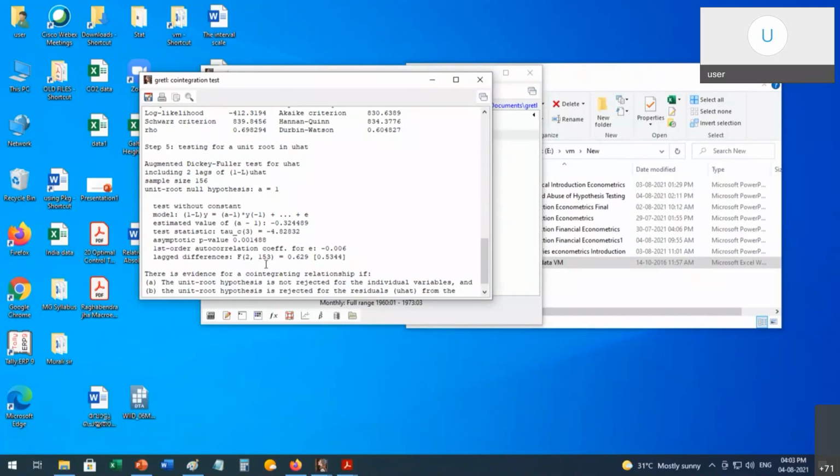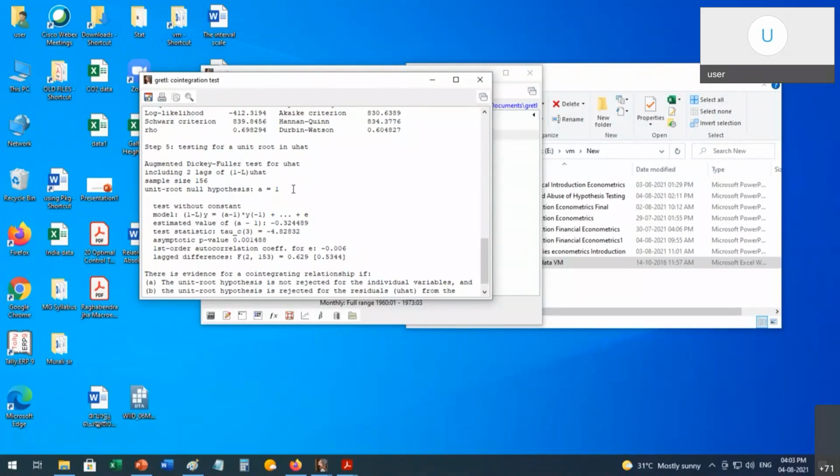So we are interested only in this case whether there is a unit root in the residual u hat or not. So we have the null hypothesis and we see the p-value. The p-value is 0.001488. That is close to 0. That is less than 5%. So we reject the null hypothesis.